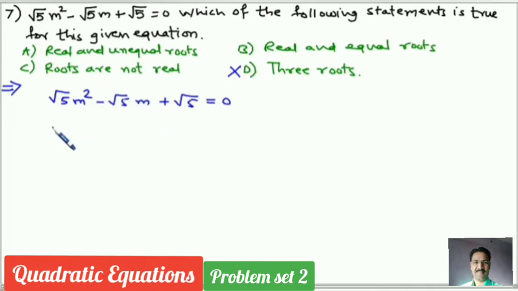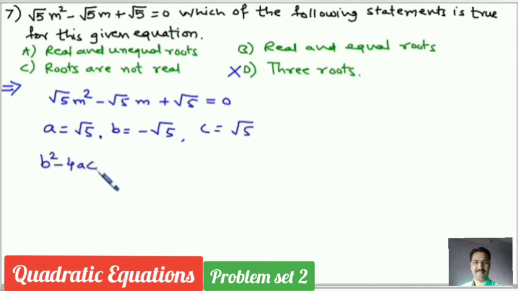So here we are going to write a as root 5, comparing with the standard form. Now what about b? See here, b is minus root 5. And what about c? That is root 5.